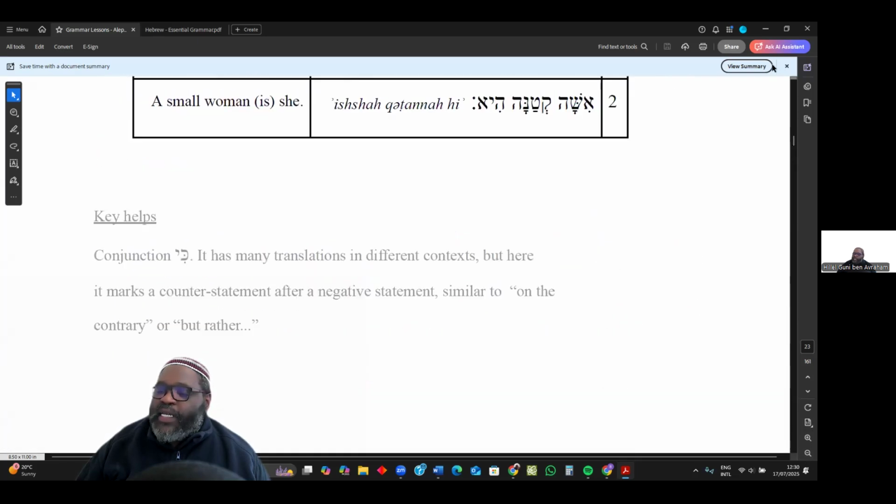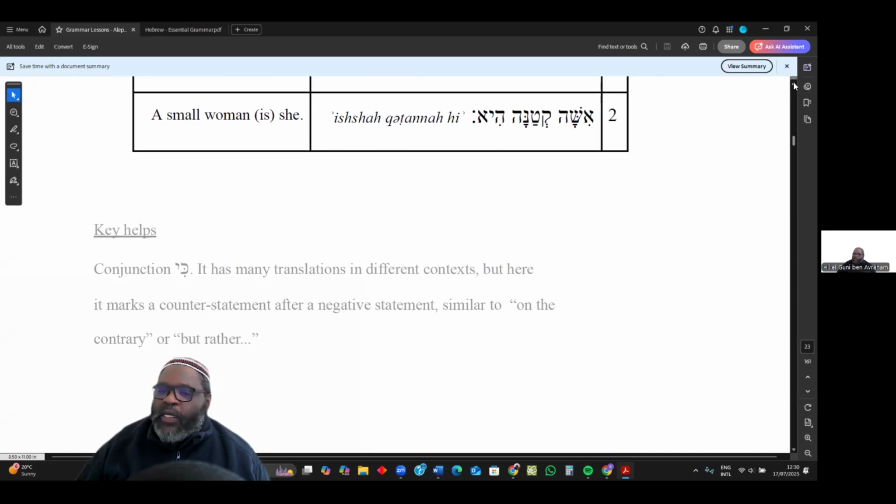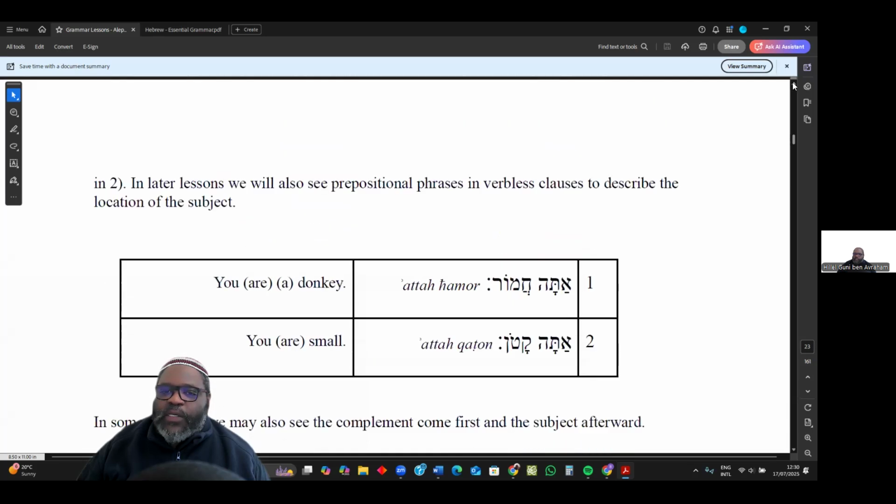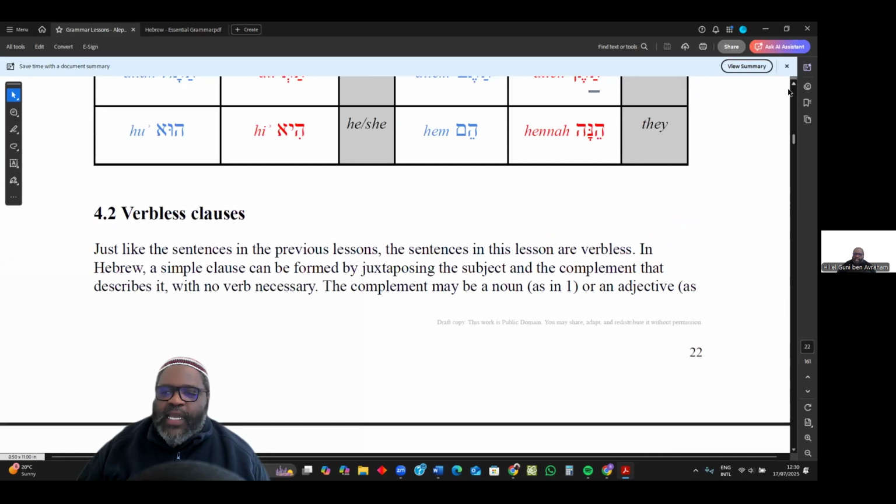One thing you will notice is that learning Hebrew in English is quite complicated because Hebrew and English are not the same. So the explanations of Hebrew and English are very strange. And then we have here verbless clauses. It says, just like the sentences in the previous lesson, the sentences in this lesson are verbless.